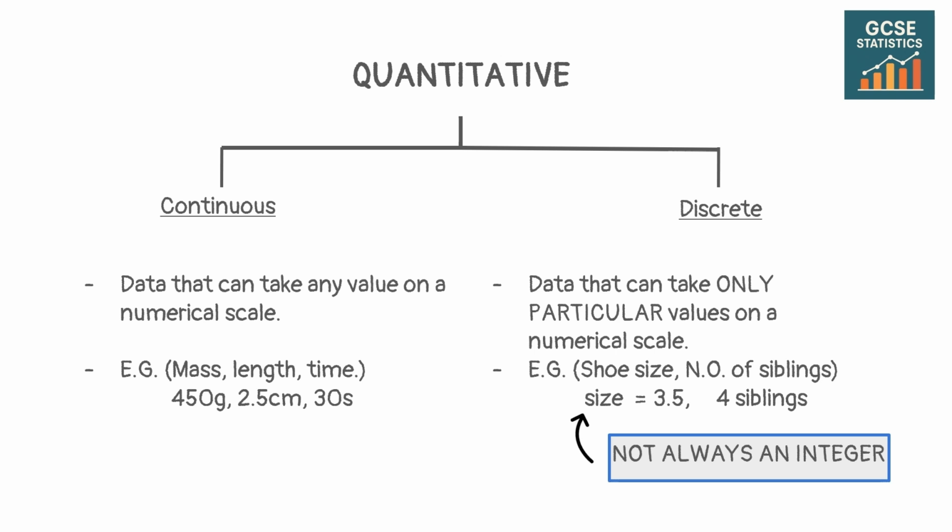Now, the definition of continuous data doesn't quite serve an explanation of what it actually means, so the best way to demonstrate this is by using an example of someone's height. Let's say 150 centimeters. I can measure this height further into more precision in millimeters and get the height as 150.1 centimeters.